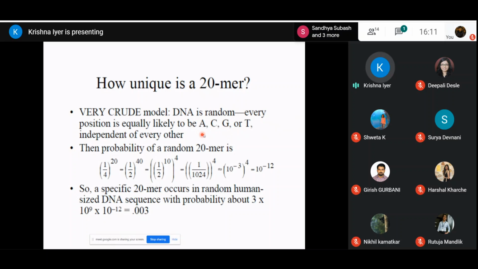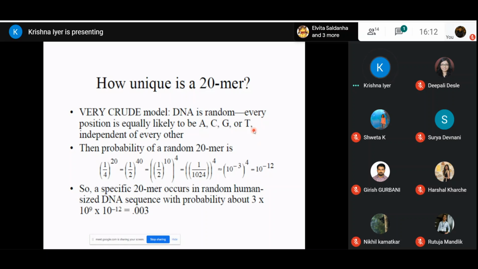So the probability of ACGT, again ACGT, is 1/4 raised to 20, which is nothing but half raised to 40, or half raised to 10 raised to 4, or 1 divided by 1024. 1 raised to 10 is 1, 2 raised to 10 is 1024, again raised to 4, which actually works out to about 10 raised to minus 3 raised to 4, or 10 raised to minus 12.